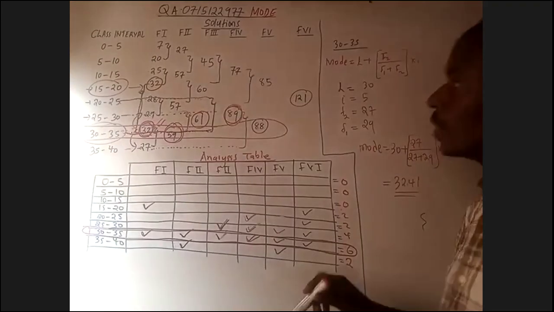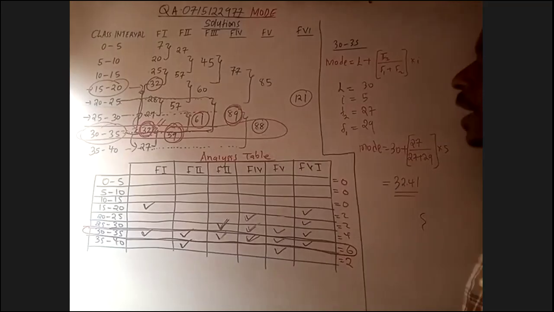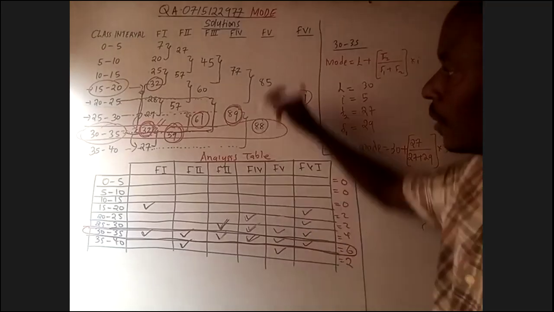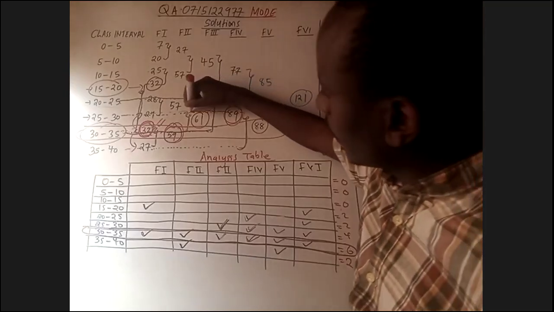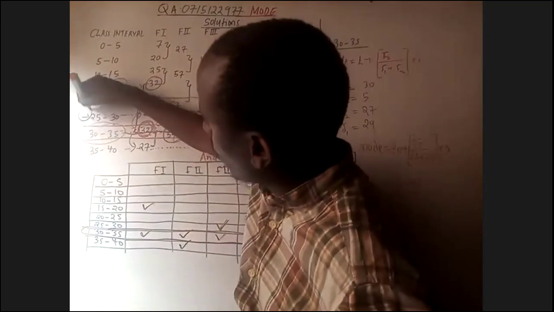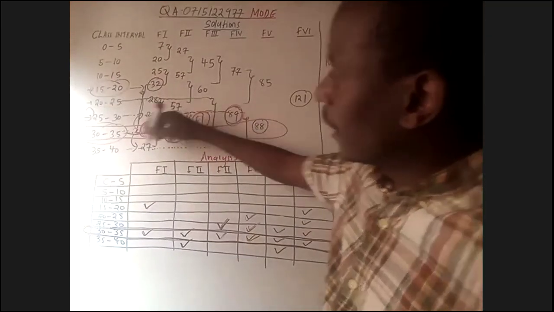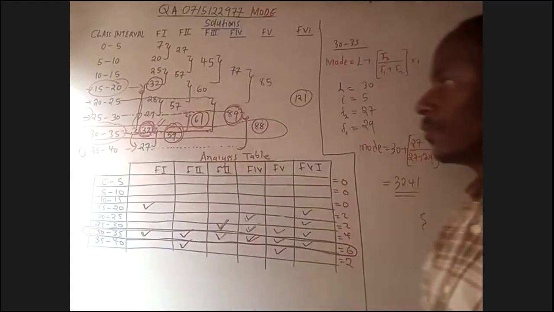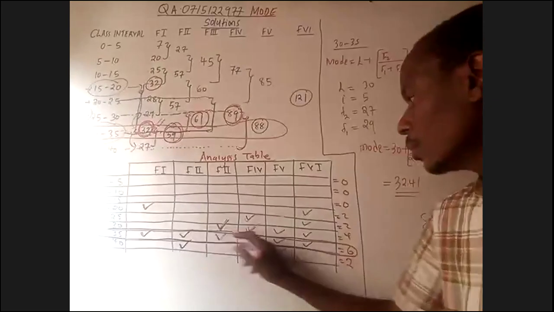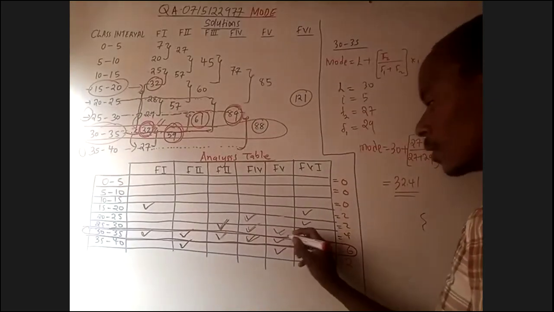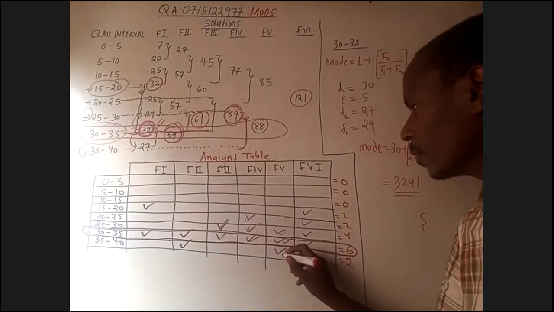Same applies to 88. You look at where it lies. It lies from this point to that part. It starts at 25 to 30 and ends at 30 to 35. So you tick all: 25 to 30, 30 to 35 and 35 to 40.